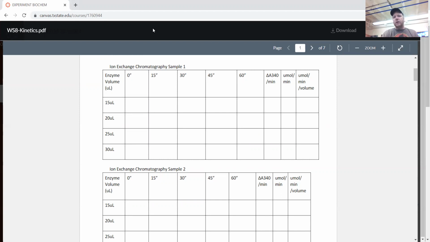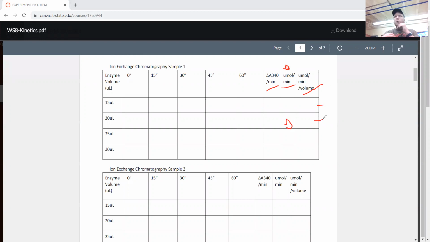You'll measure your delta A340 per minute. Then you'll determine your micromole per minute, so your units of activity, and then your micromole per minute per unit volume. Whatever this is right here, you will divide that by 15 microliters. Then you will determine this value and divide that by 20 microliters.